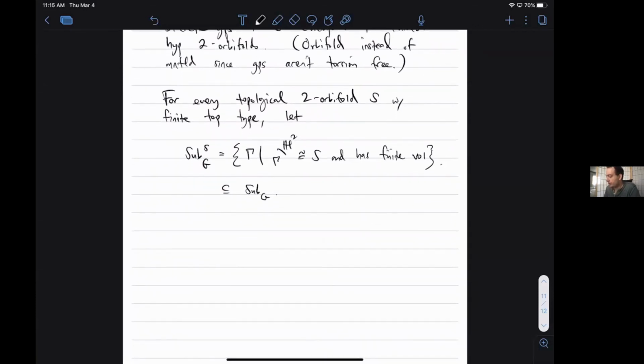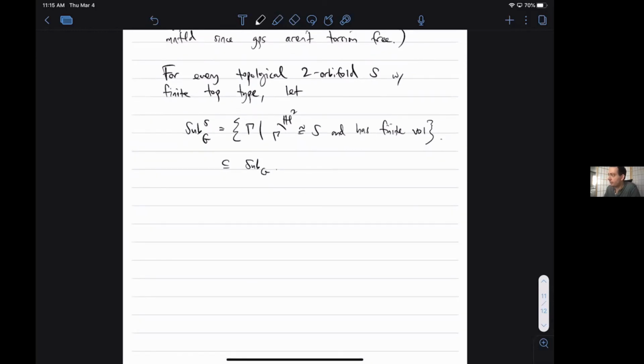Okay, so in other words, what I'm looking at now is all framed hyperbolic two orbifolds that have this given homeomorphism type.